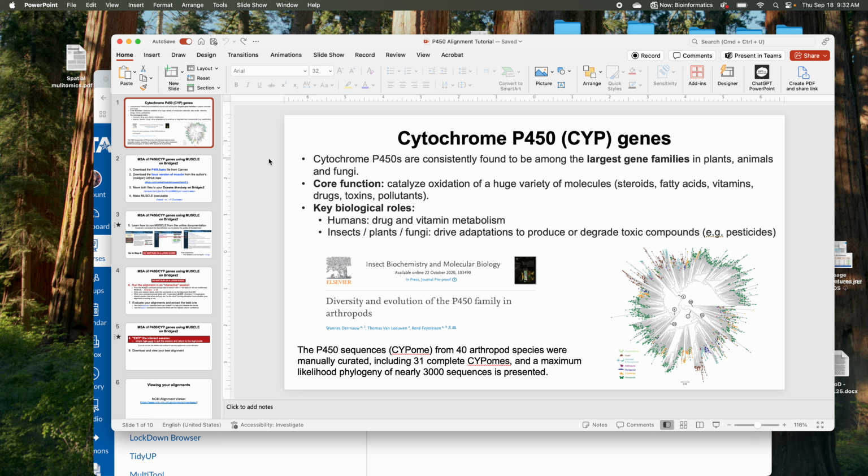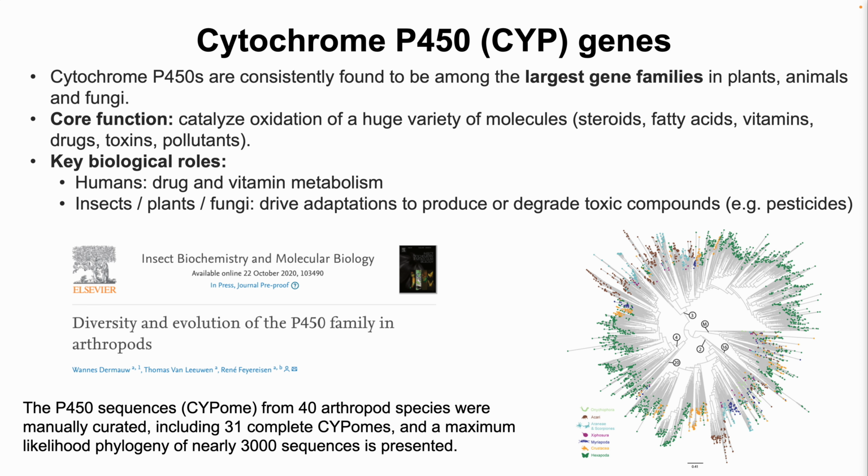Just a little bit of background, in case you've never heard of a P450 gene. In almost all genomes, they encode a bunch of enzymes that on some level all do the same thing. They all catalyze oxidation, but they act on a huge variety of molecules.